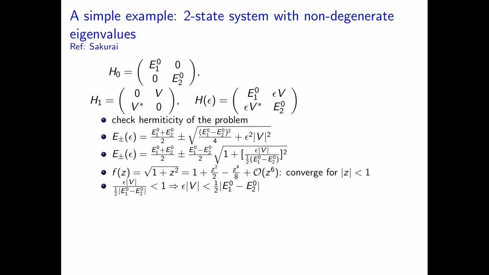Let us say you keep terms up to a certain level, let us say order z to the power 4, and you can show very simply that the convergence criterion of this problem is that epsilon V must be less than half of E1 naught minus E2 naught, which means the strength of the perturbation V, with the epsilon factor in front of it, must be less than half the energy gap between the two levels.